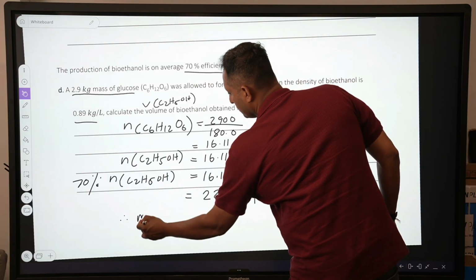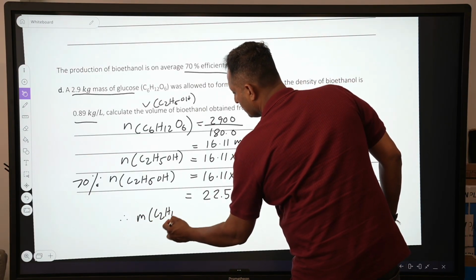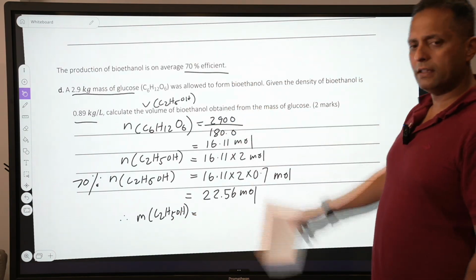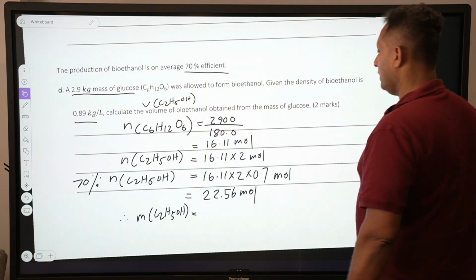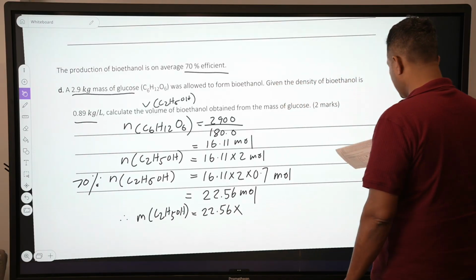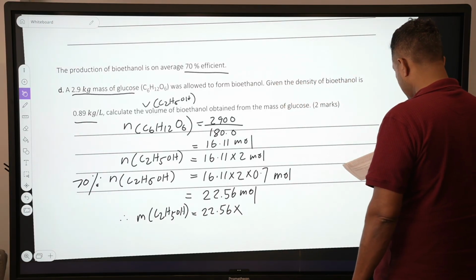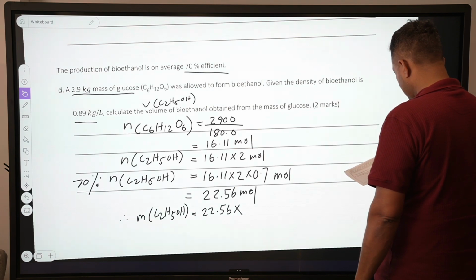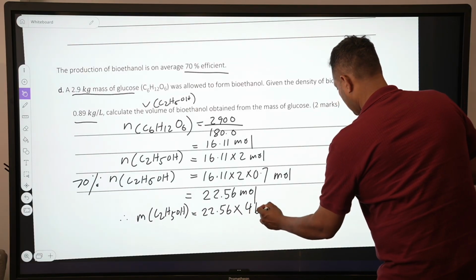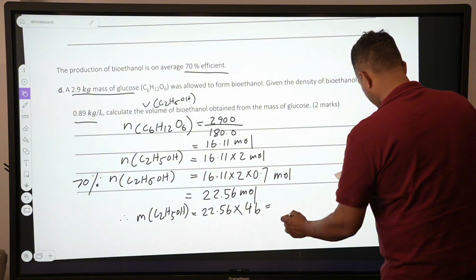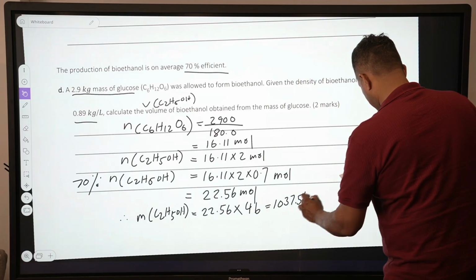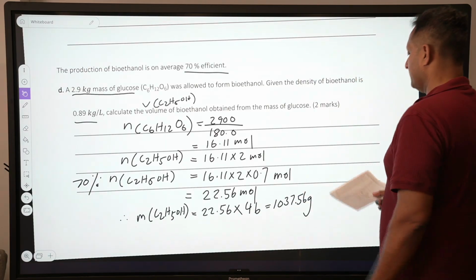So find the mass of ethanol, because the question is asking you to find the volume. 22.56 times the molar mass of ethanol, which is 46, which will give you 1037.56 grams. Double check this number, please.